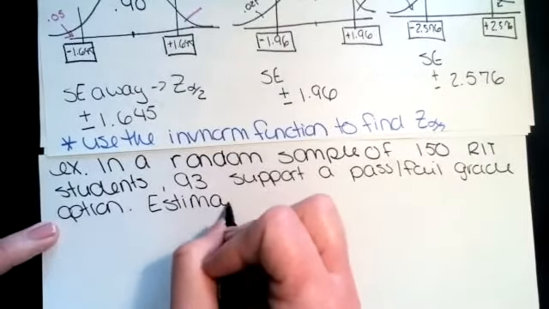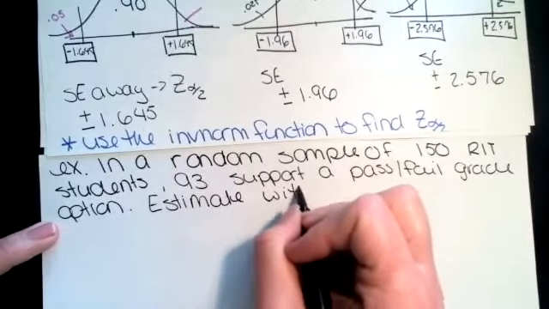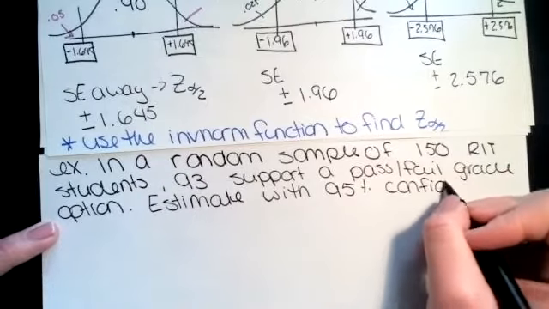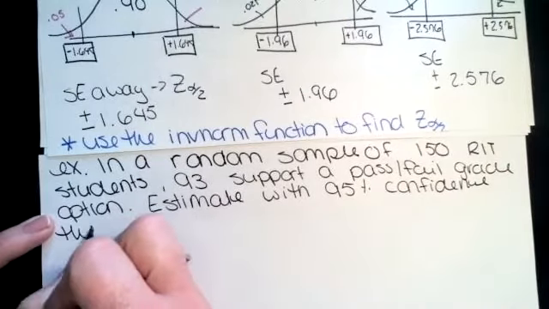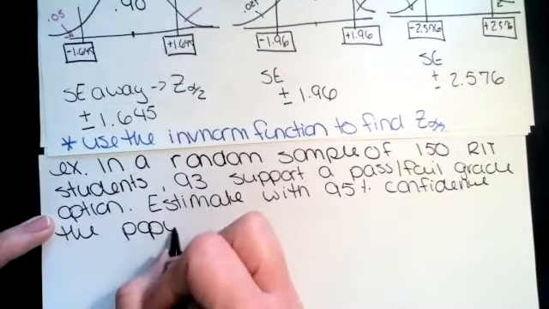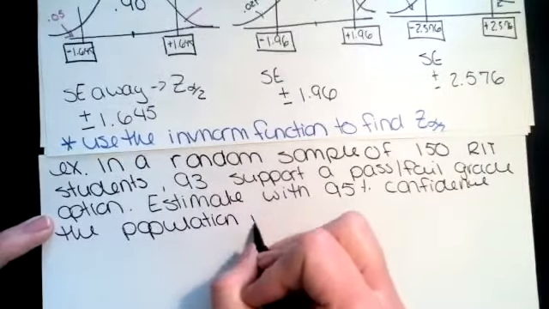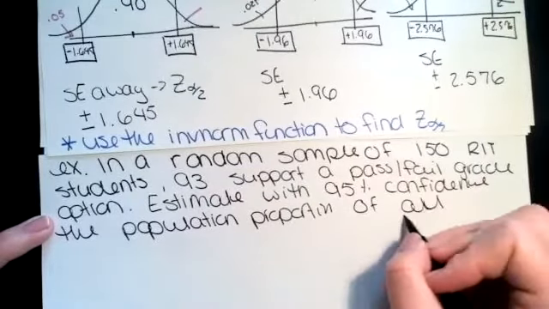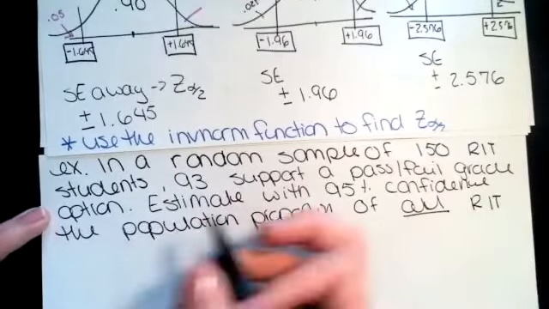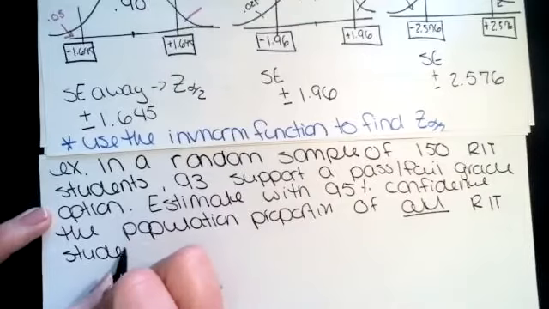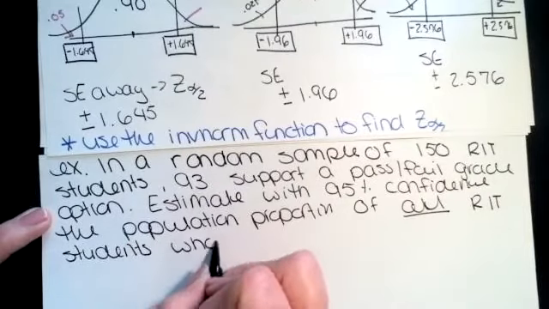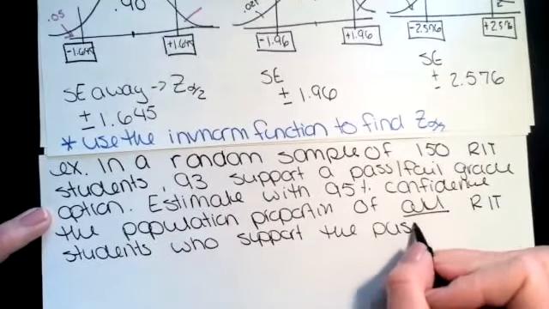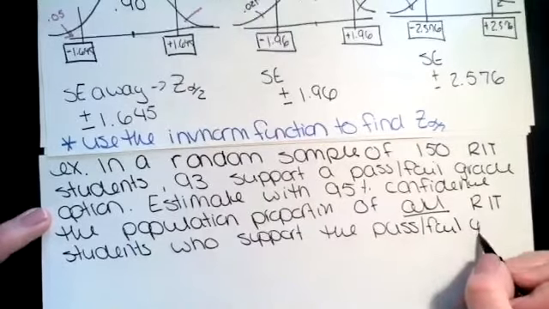There's the word. With 95% confidence, the population proportion of all RIT students who support the pass-fail grade option.